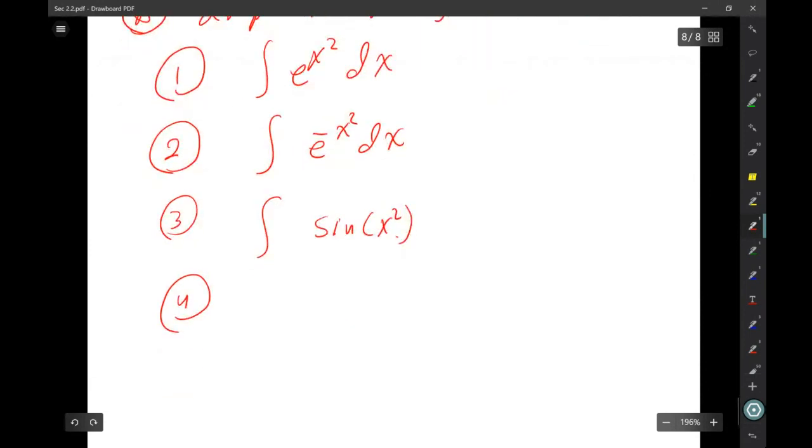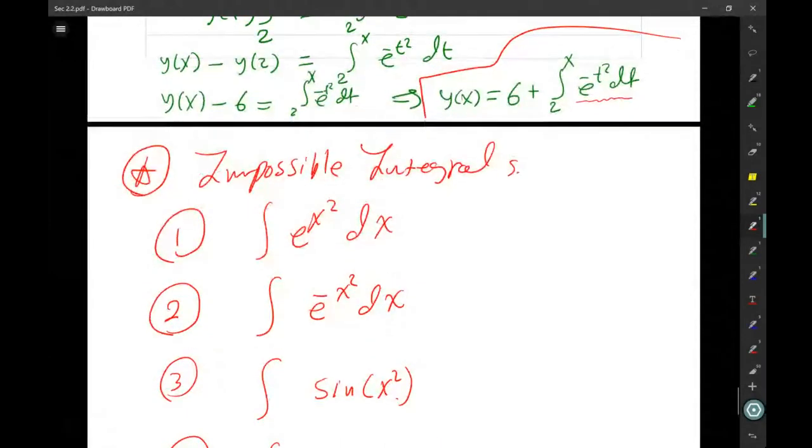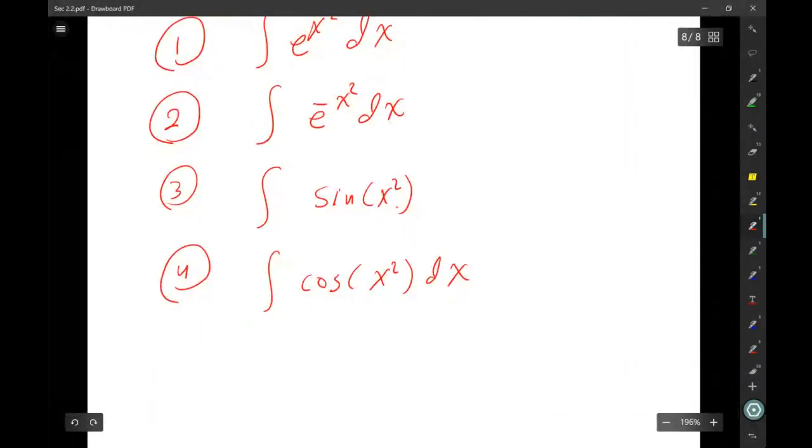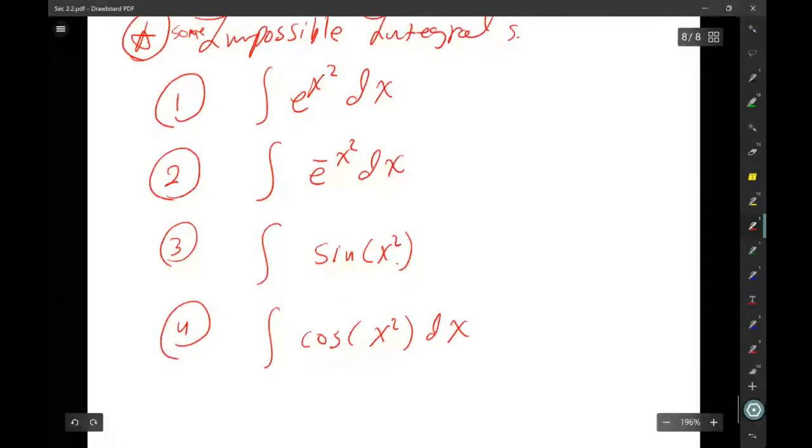Number 4, the integral of cosine x squared dx. We have many integrals in math, not only those. They have no integration as a theoretical integration, but by approximation I can find it in case it is a bounded integral. And I think you learned that in calculus 1, how you can approximate integrals.